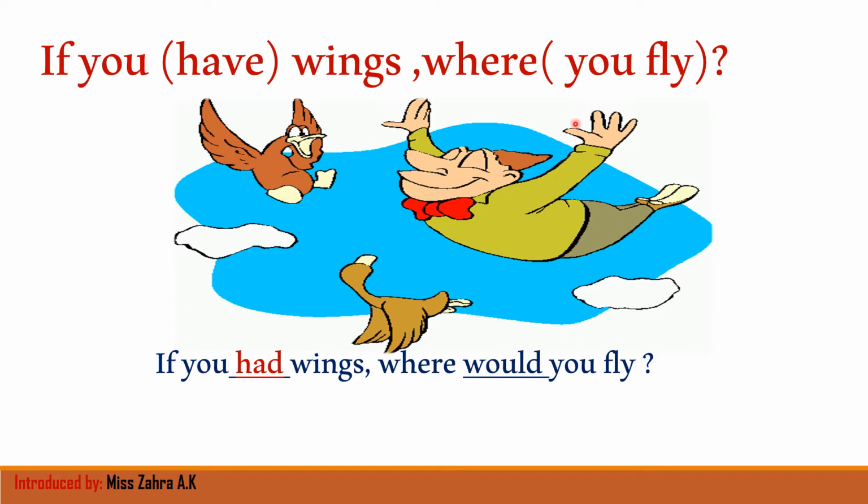After that we put you, the subject, then the main verb, fly, the infinitive, then we put the question mark. It became: If you had wings, where would you fly?